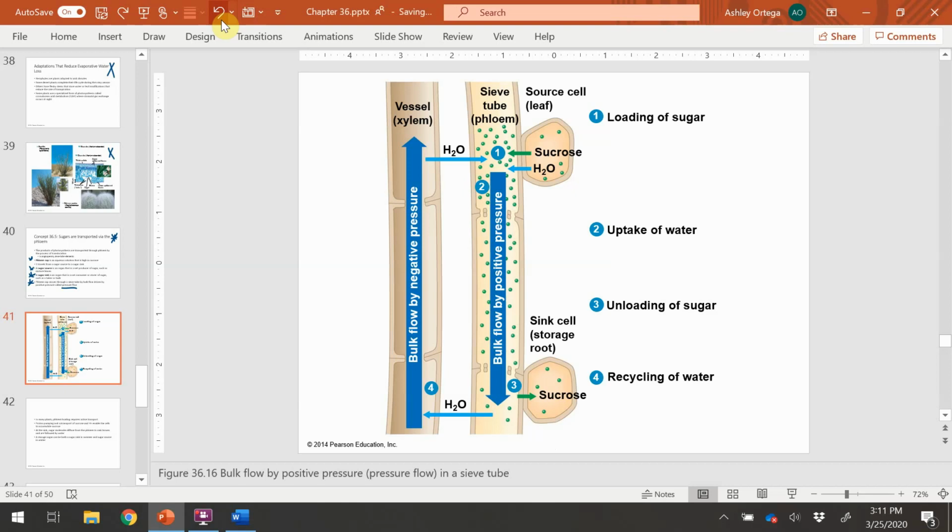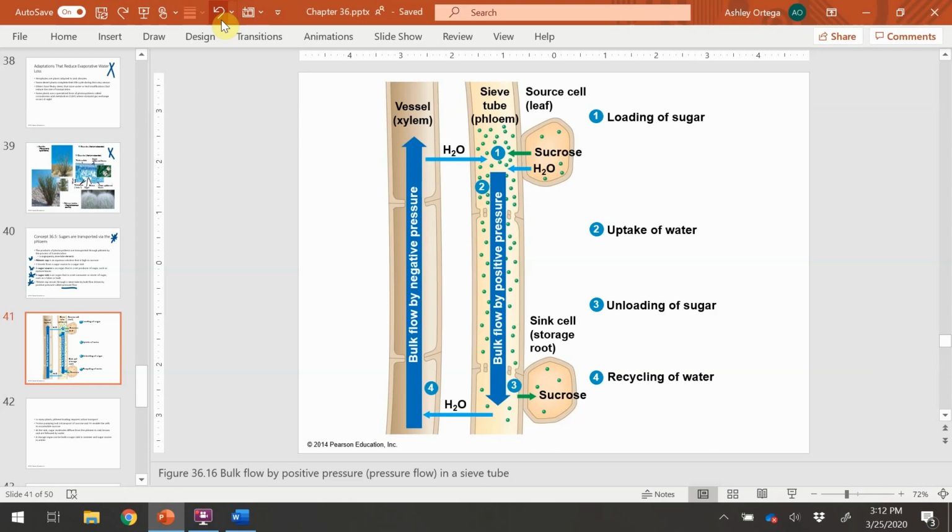move the sugar in, and then this water leaves the phloem and goes back to the xylem to be bulk flow by negative pressure. And so looking at positive pressure, it's a lot different as it's going downwards. It's working with gravity, and then the large presence of molecules there also helps with that process.